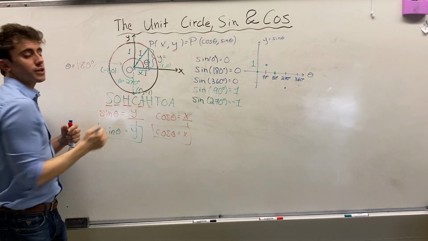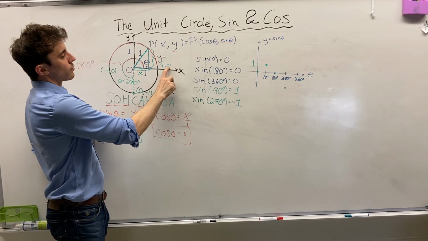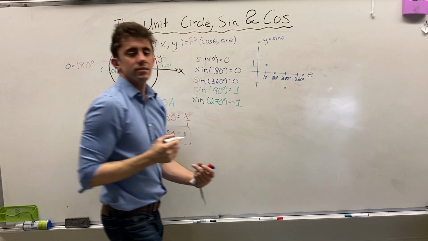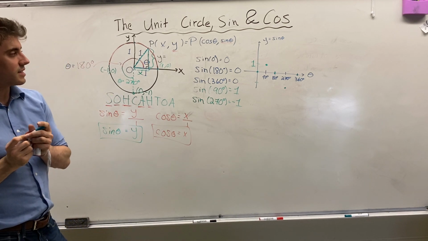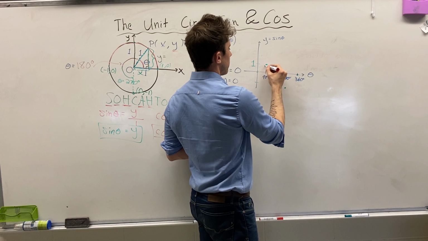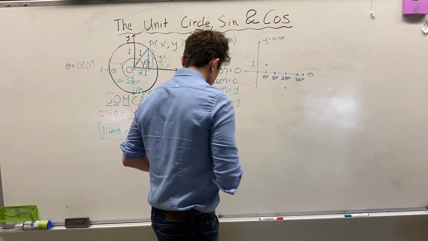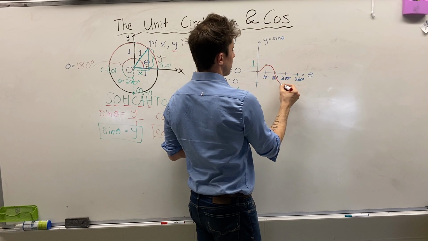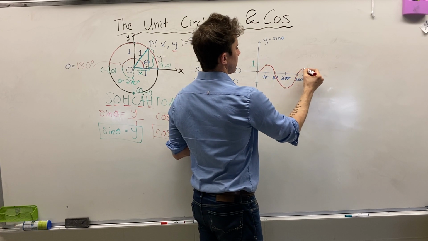We're back at our starting point, and so our y-coordinate is 0, sine theta is 0, and so we're back on the x-axis, or the theta axis in this case. And you can start to see our sine graph taking shape.